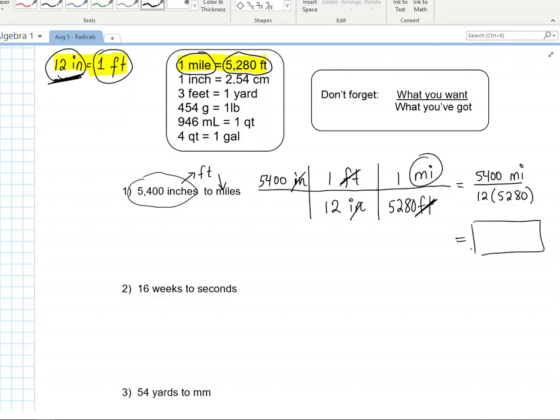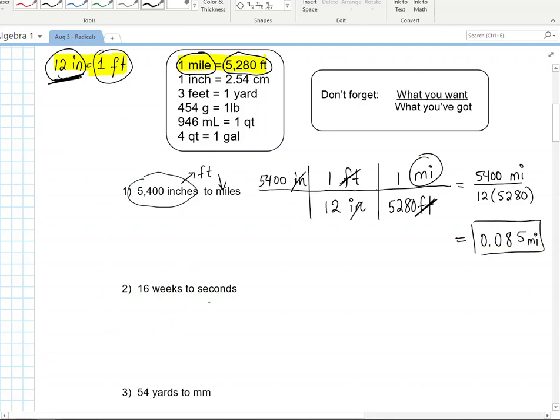Okay. I have 0.085 miles. The students in class actually got 0.8, but it looks like 0.085 miles.